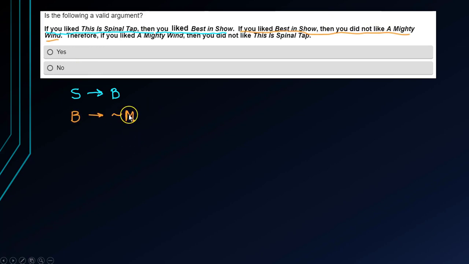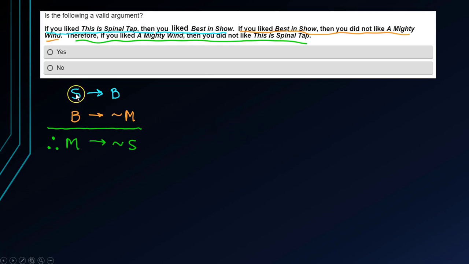I chose to make liking A Mighty Wind M, just for continuity's sake, and I put the not sign in front of it to say if you liked Best in Show, then you did not like A Mighty Wind. Therefore, if you liked A Mighty Wind, so that's just going to be M, then you did not like This Is Spinal Tap. Since S stood for liking it, not S is going to stand for not liking it. And there's my translation.